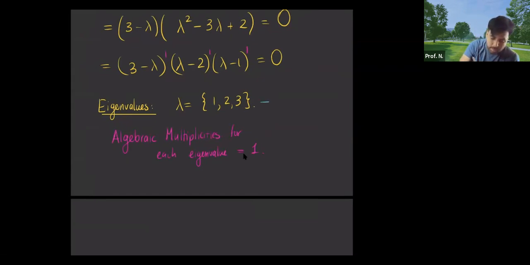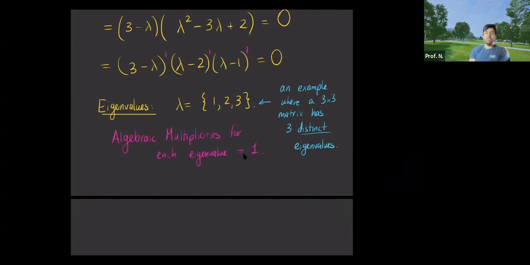So this is an example where a 3 by 3 matrix has 3 distinct eigenvalues.